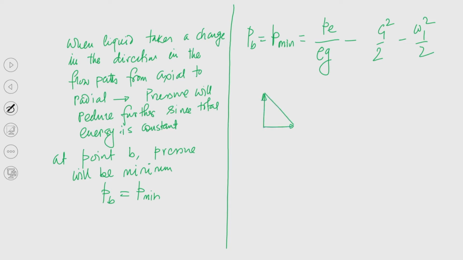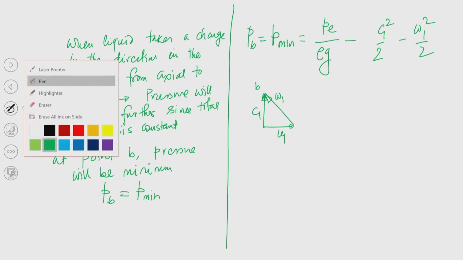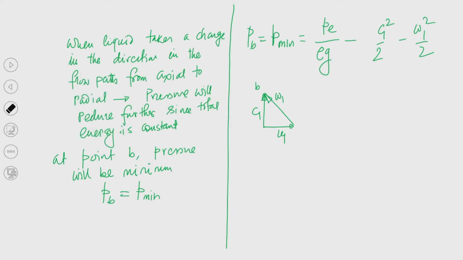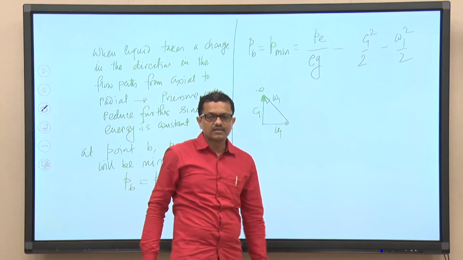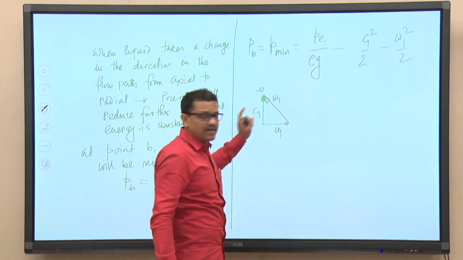So, this is U1, that is W1 and that is C1. So, this is point E, that is at the inlet to the suction side, right. Now, that is the inlet velocity triangle.